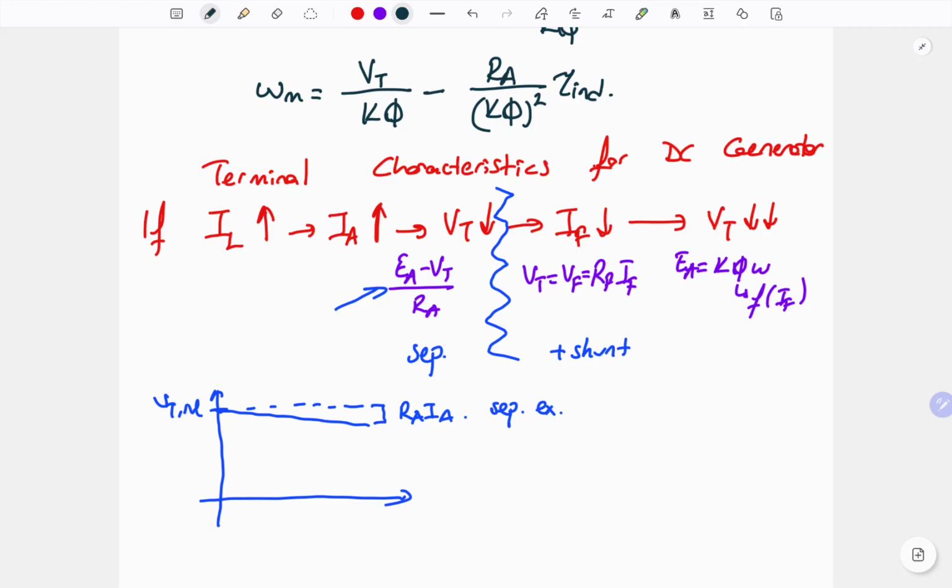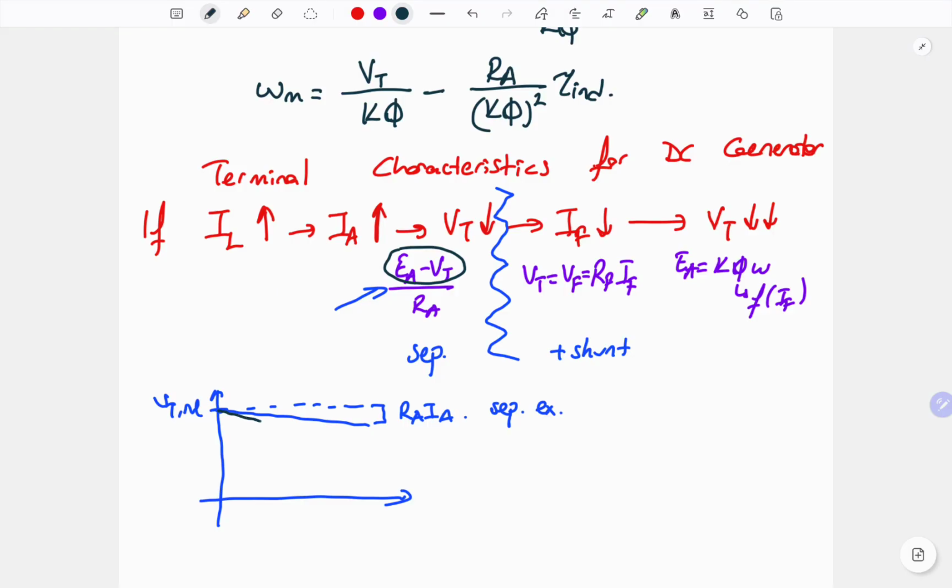Then, because of this decrement, according to our internal generated voltage expression, which is EA, and its relation with IF, the terminal voltage Vt must decrease more. Vt has decreased, and in addition to that, EA decreased. So the decrement in Vt will be more in that case.